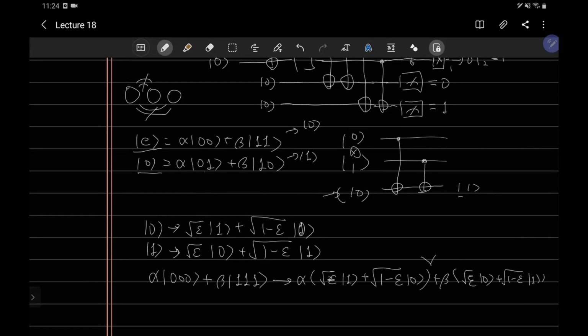I forgot to include that there is a tensor product of 0 and 0, and also a tensor product of 1 and 1.